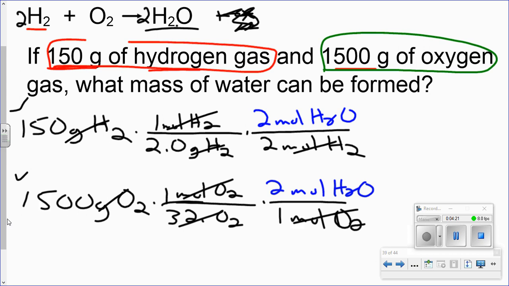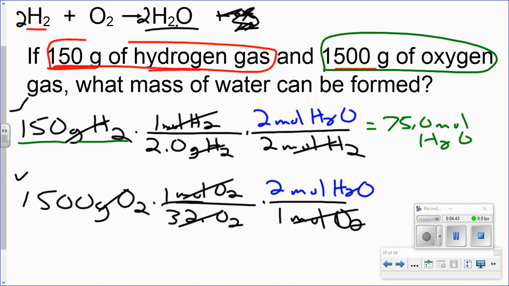So now I'm going to do some quick calculations and figure out which one I end up with less product. If I take 150 divided by 2, that's 75, times 1 is 75 moles of water produced when I consider 150 grams of H2.